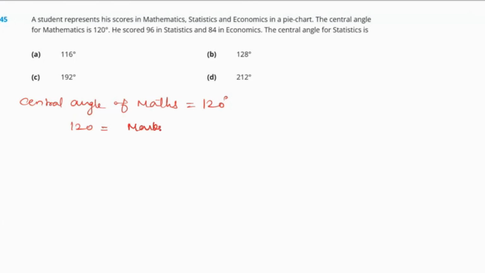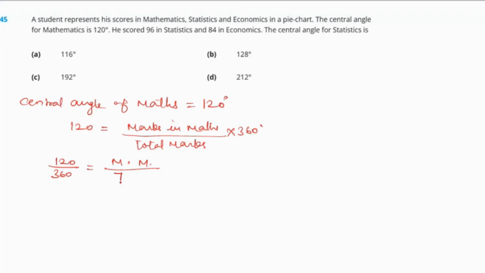Okay, and that central angle should equal 120 degree, is equal to whatever the marks he obtained in maths by total marks times 360. Okay, so we can divide 120 by 360, which will equal marks in maths by the total marks.